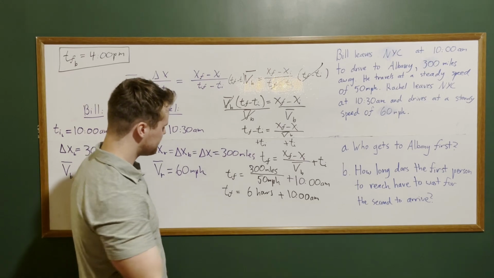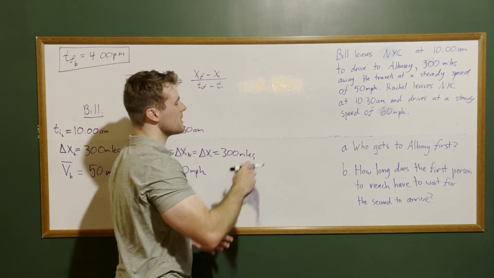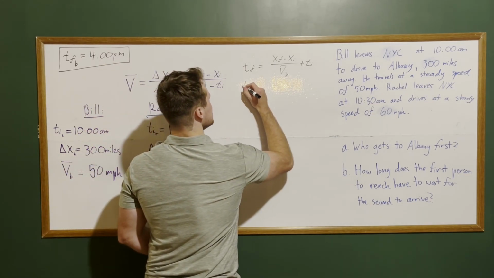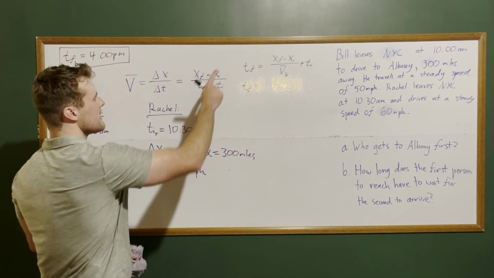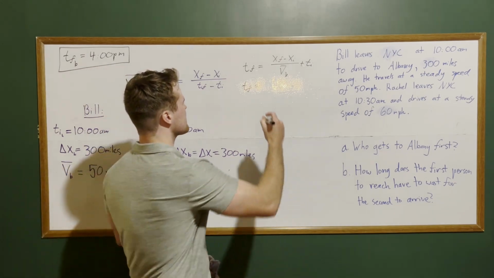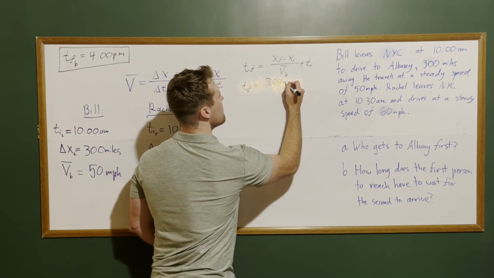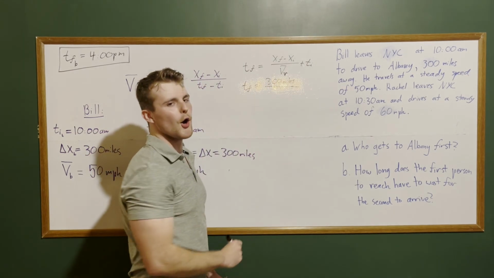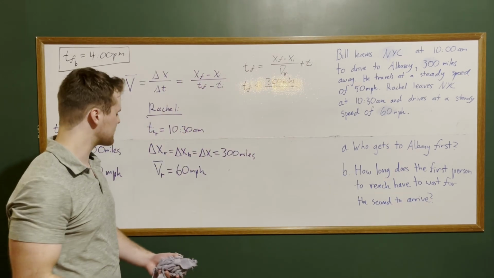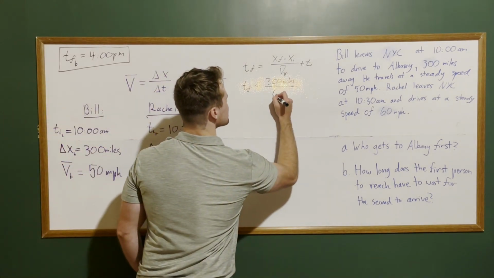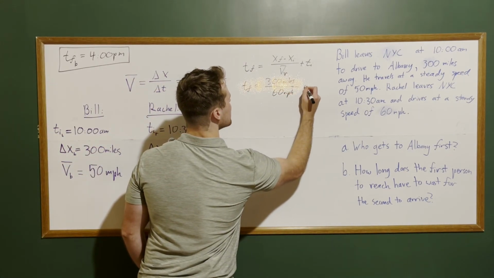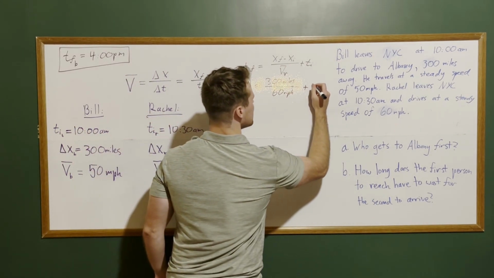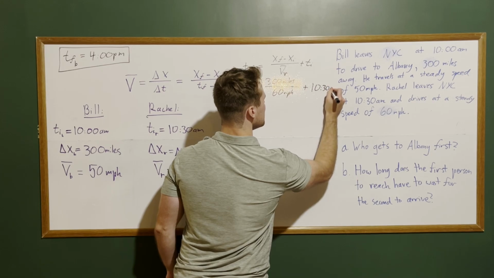And now let's solve for Rachel. I'll rewrite my equation. Let's plug our values in for Rachel and see what we get. T sub f equals x f minus x i. Again, they're driving the same distance: 300 miles over v bar sub r for Rachel. And the average velocity for Rachel is, of course, 60 miles per hour, plus our initial time for Rachel, which in this case is 10:30 in the morning.